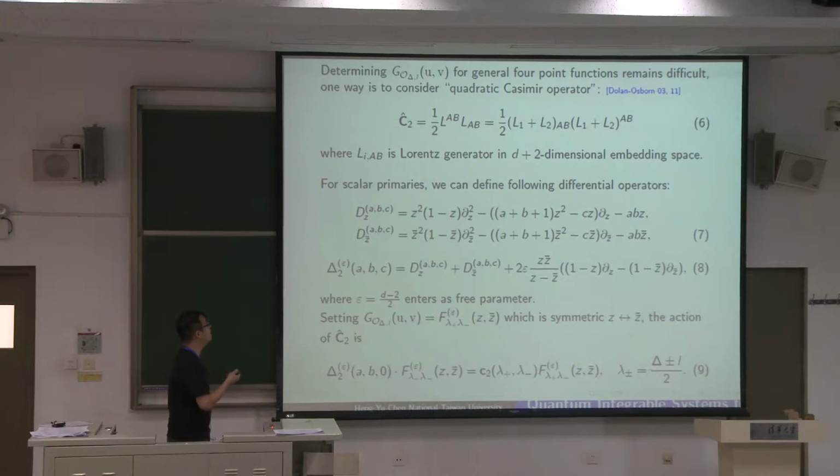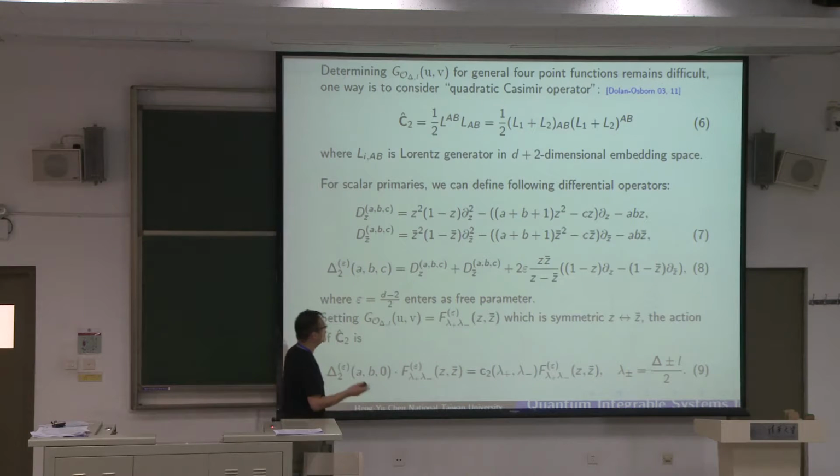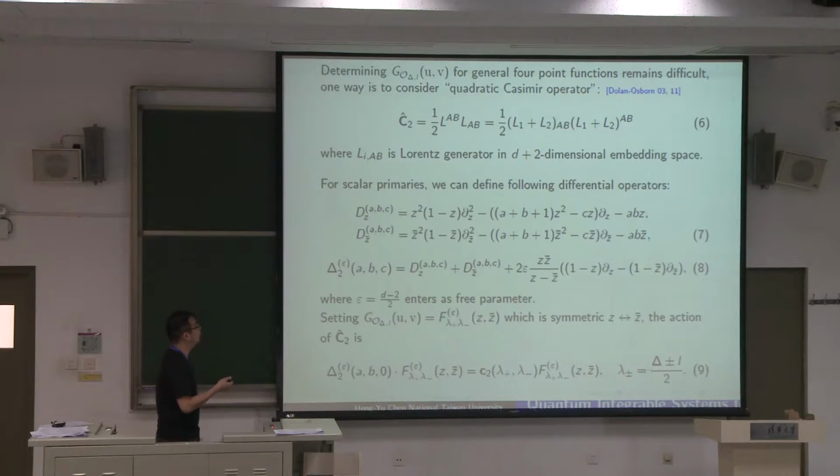And it's easiest to write them down by, instead of considering the d-dimensional conformal field theory, trying to embed it in the d+2 dimensional space. Then you can realize the conformal symmetry transformation as a Lorentz transformation in d+2 dimensions. And L1 and L2 here are really like the Lorentz generators in this so-called embedding space.